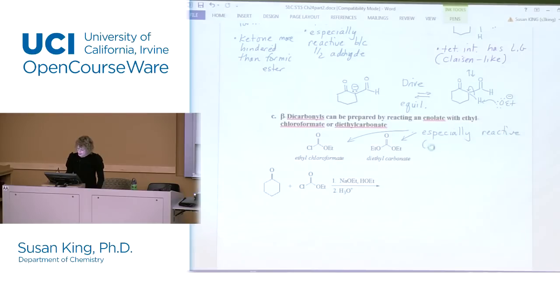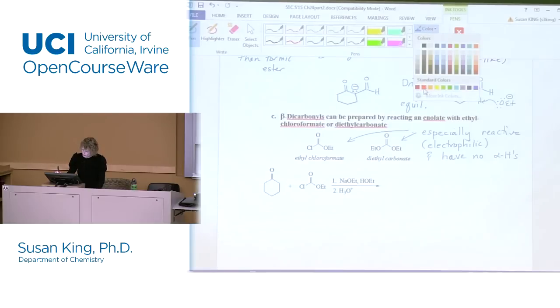Especially reactive, they're especially electrophilic, and they have no alpha hydrogens. Okay, so we can take whatever we want. We can take an ester, we can take a ketone, and we can condense here.